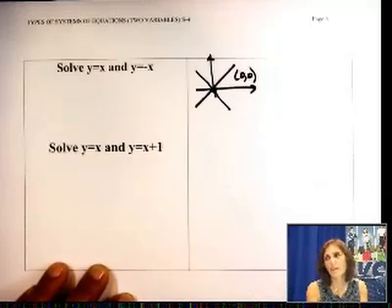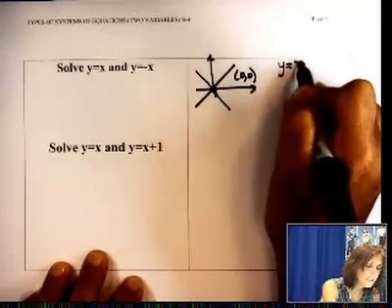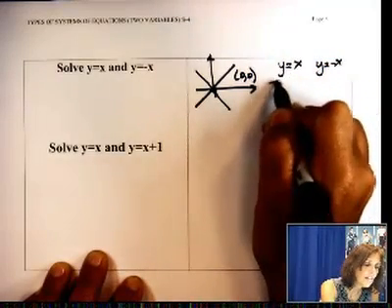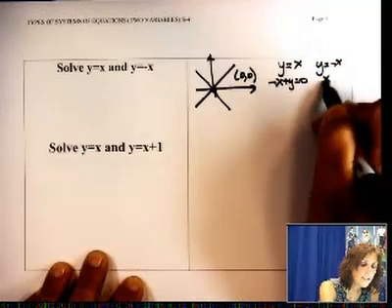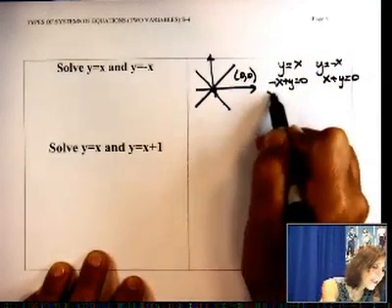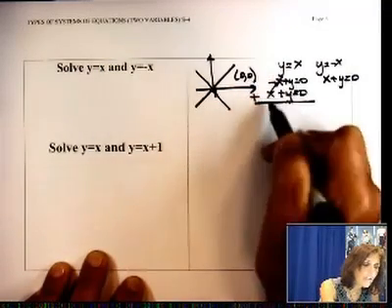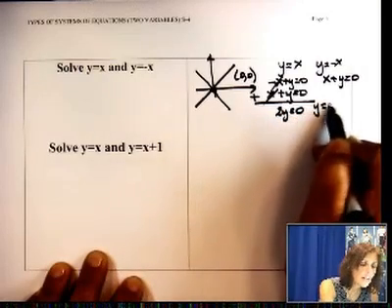Well, let's try to do the same problem with the addition method, for example. y equals x, y equals negative x. Let's move x to the left. Negative x plus y equals 0. This one is plus x plus y equals 0. So when I add them up, the x's go, 2y equals 0, y equals 0.